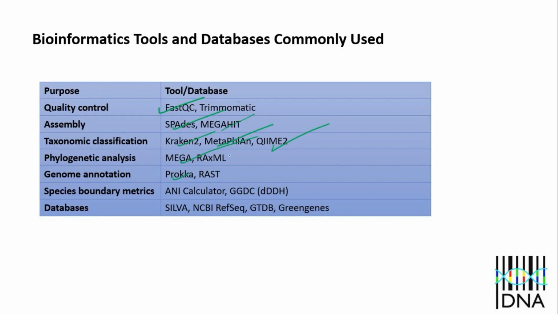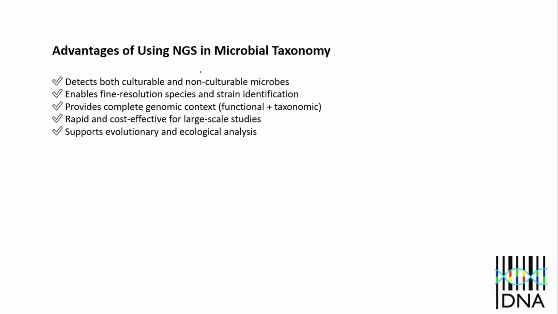For gene annotation, Prokka and RAST. For species boundary metrics, we use ANI calculation or GGDC. This GGDC is a free web tool. For data analysis, we use SILVA, NCBI RefSeq, GTDB, and Greengenes.